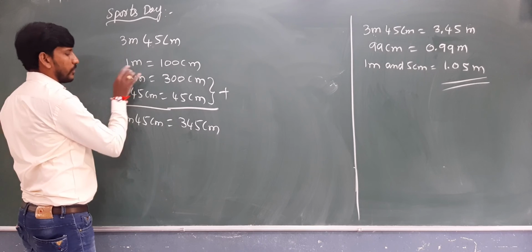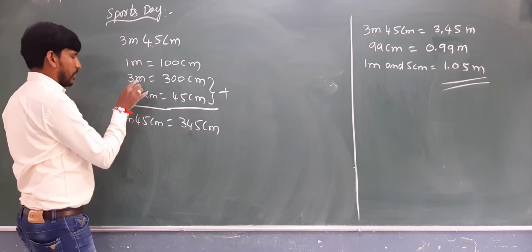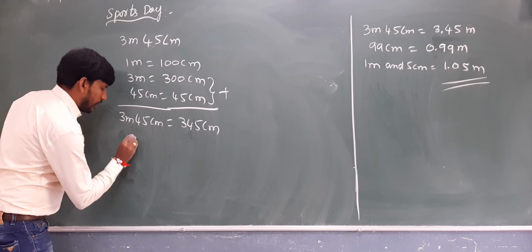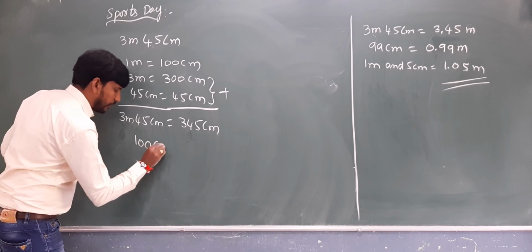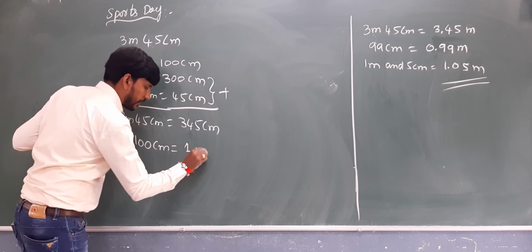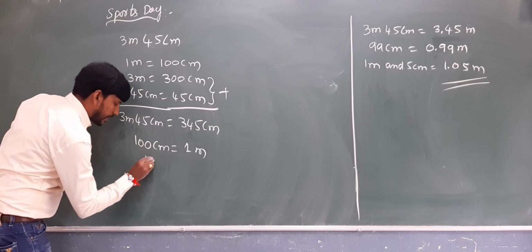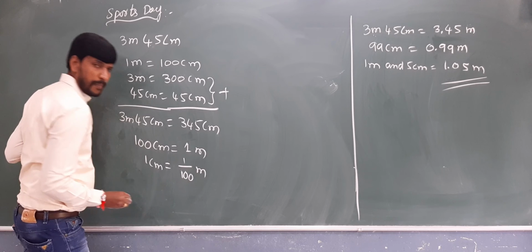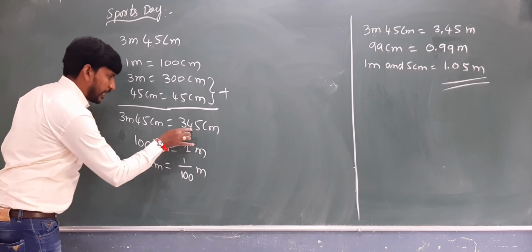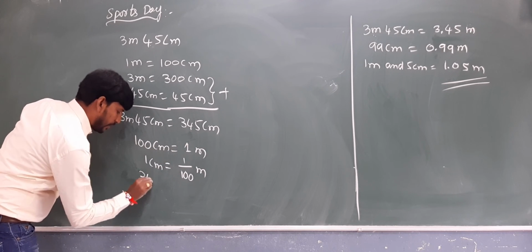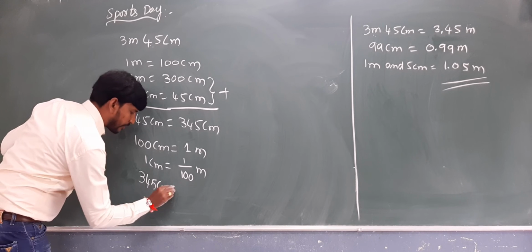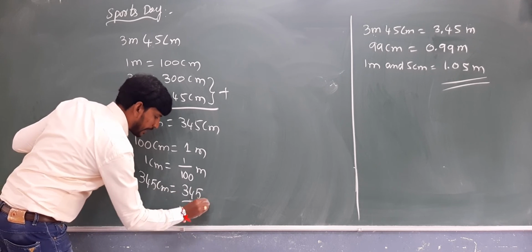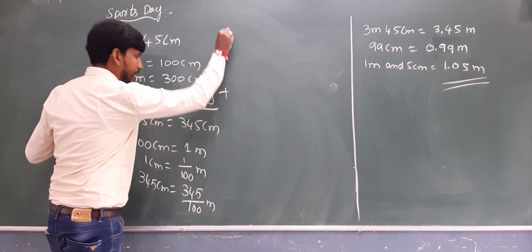Now, already I told you, see this here. 100 centimeters equals 1 meter. Clear? Then 1 centimeter equals 1 by 100 meters. Right? Now, 345 centimeters. See this here. 345 centimeters equals 345 by 100 meters.